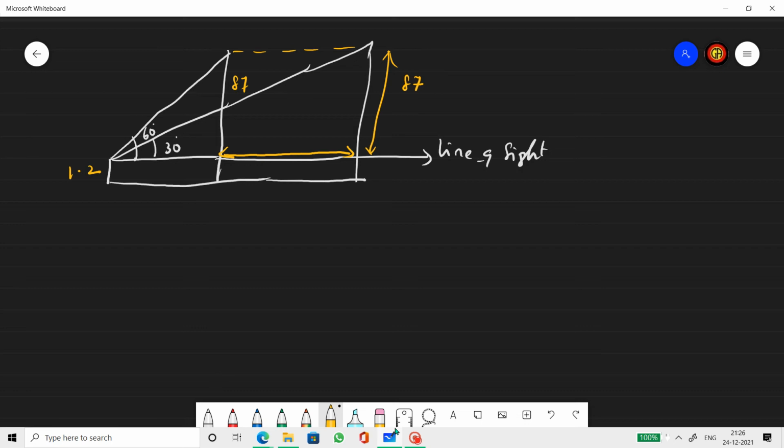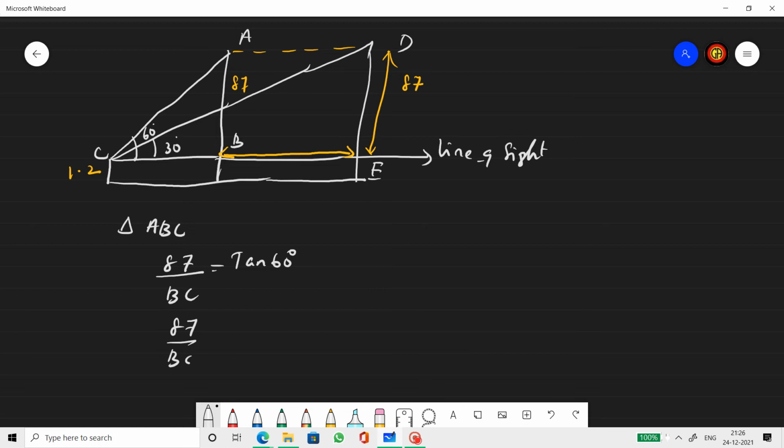So now let me name the triangle A, B, C, D and E. So taking triangle ABC, 87 by BC equals tan 60. So 87 by BC equals root 3. BC will be 87 by root 3.